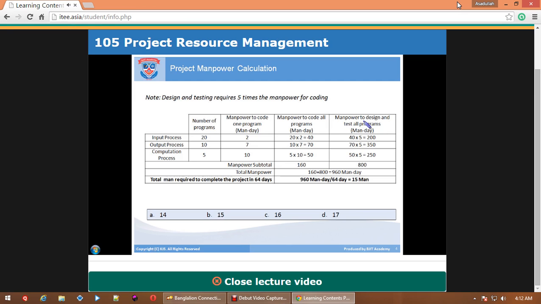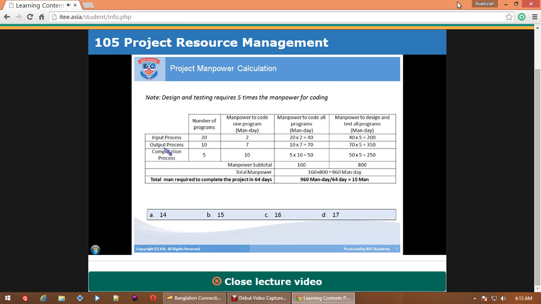Now the manpower to design and test all these programs, based on this relationship that design and testing requires 5 times the manpower for coding, is 40 into 5, that is 200 man days.